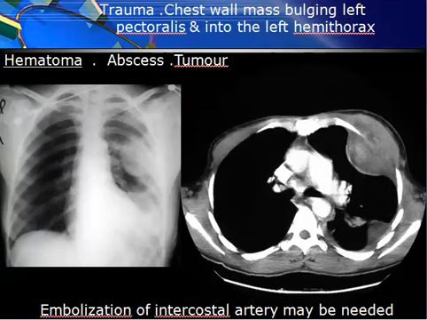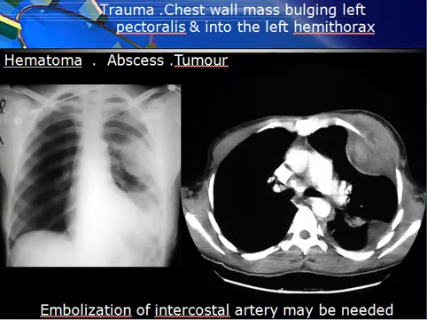Now here we have a mass involving outside and inside along the rib with dense fading shadows inside, and this is due to hematoma. So trauma of the chest wall may result in hematoma, and there is associated lung atelectasis and contusion.